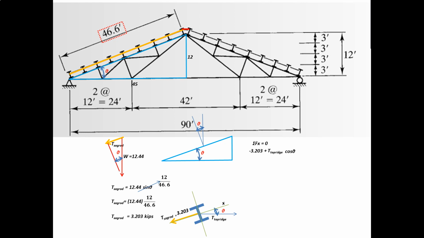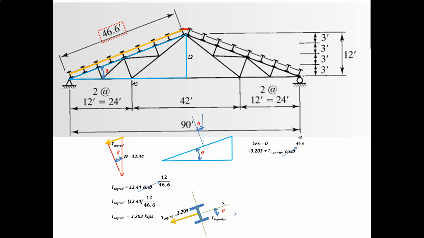We need to multiply that by cosine theta to get the horizontal component of your T top ridge.